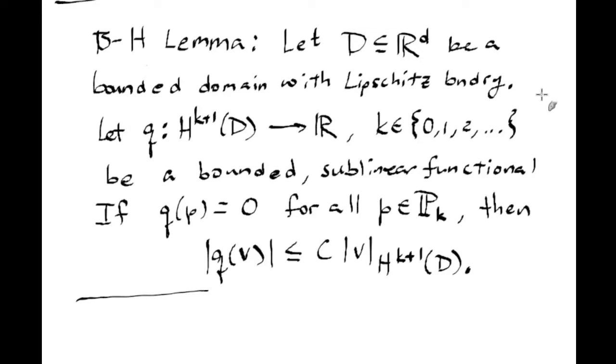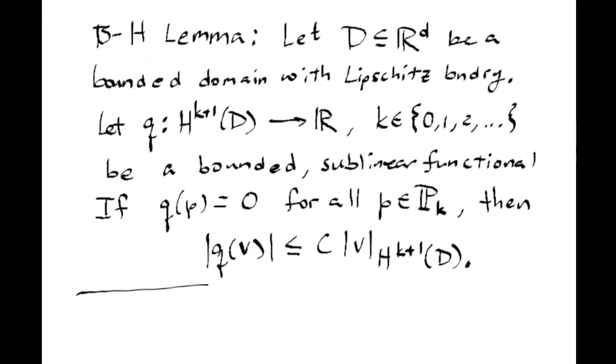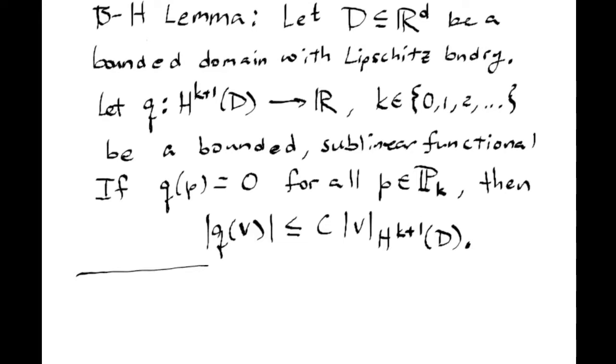We're going to look at just some small parts of what happens, so you can get an idea for how this lemma is applied. Again, Q needs to be a bounded functional and sublinear. If you're wondering what a sublinear functional is, typically you think of a norm as being a sublinear functional. That's an example of one. We'll see some examples that shine a light on what's going on here.